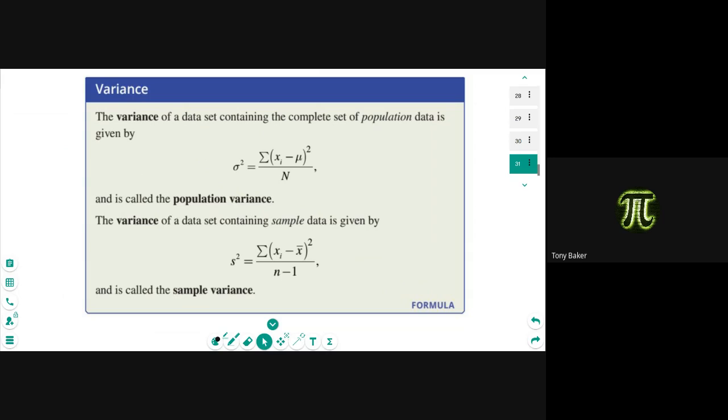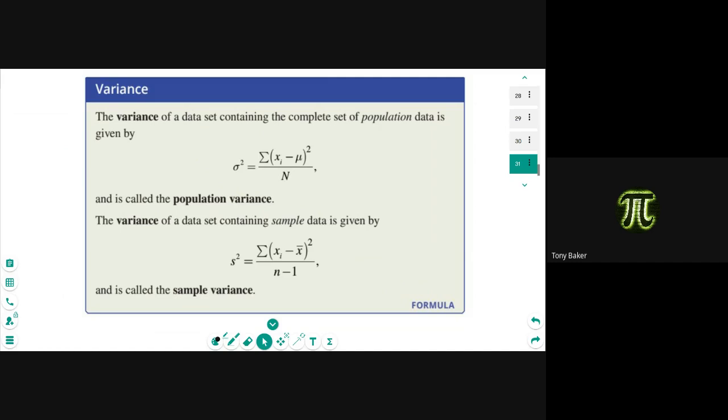All right, I'm going to explain what this means. If you want to tune this out, you're more than welcome to. But some of the symbols actually are important. You're going to see these symbols, so don't totally tune me out. Variance is going to tell you how much things vary. When we're looking at variance, we want to figure out how much each term varies from the mean.